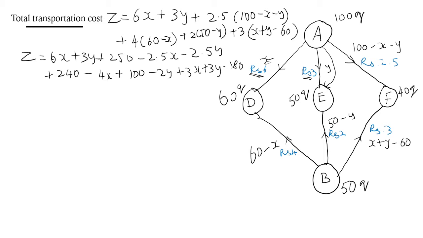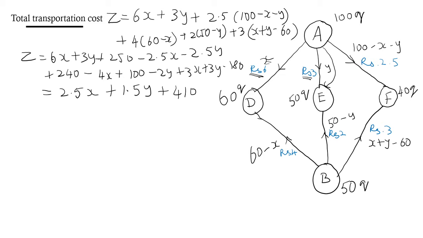So you can group all the x terms, y terms and the constant terms, and you can simplify. On simplification, we get Z is equal to 2.5x plus 1.5y plus 410. So the total transportation cost in rupees is 2.5x plus 1.5y plus 410.